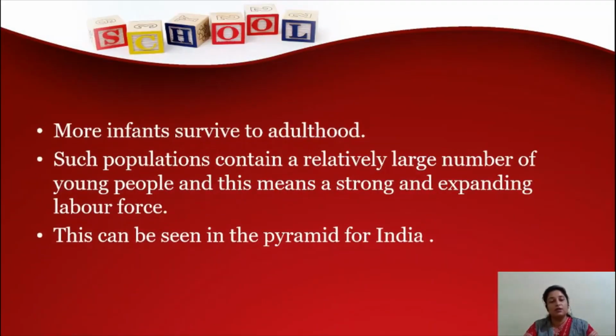So this means more infants survive to adulthood. Such populations contain a relatively large number of young people, and this means a strong and expanding labor force. So this can be seen in the pyramid for India. All right, so children, this population pyramid shows the structure of a developing country.